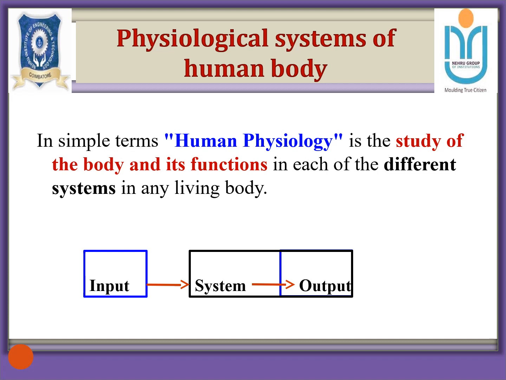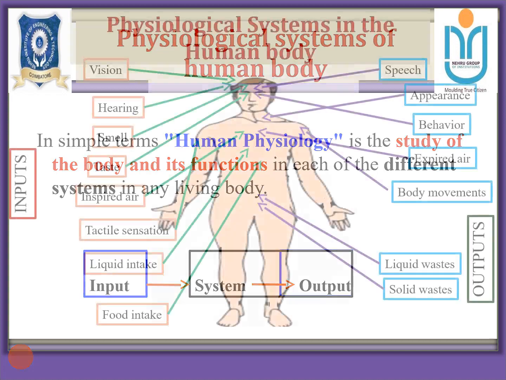In simple terms, human physiology is the study of the body and its function in each of the different systems in a living body. The human body contains different types of organs, and the job of a biomedical engineer is to understand the functionality of each organ, analyze them, and design equipment for diagnostic and therapeutic purposes.